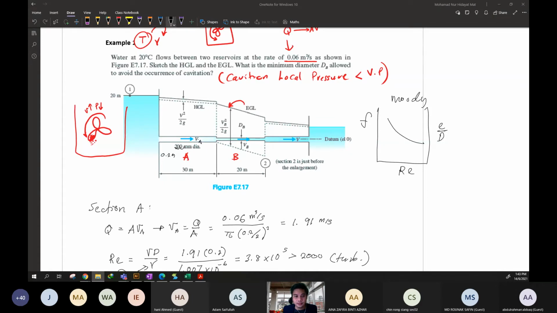Lecture note 9. Okay, this is the Moody diagram.